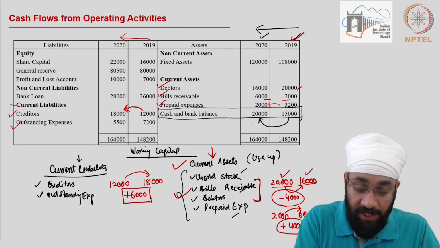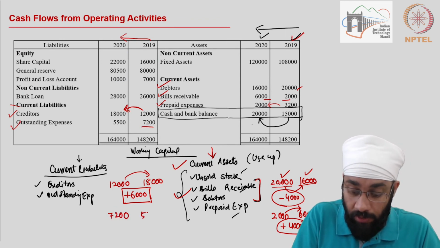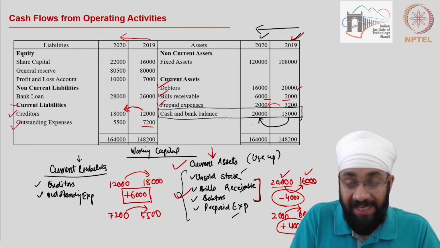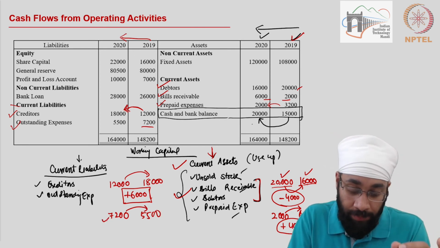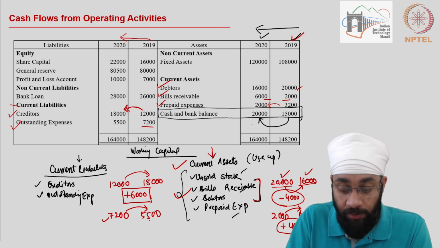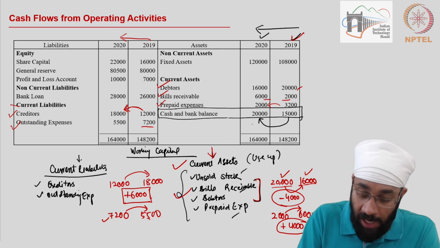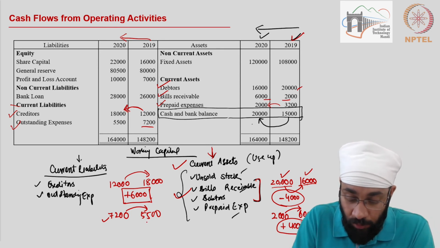Then you have outstanding expenses. They were 7,200 and now they are only 5,500. At the beginning of the year, you had to pay 7,200 rupees worth of expenses. Now you only have to pay 5,500. How? You paid some of the expenses. How much did you pay? 1,700.